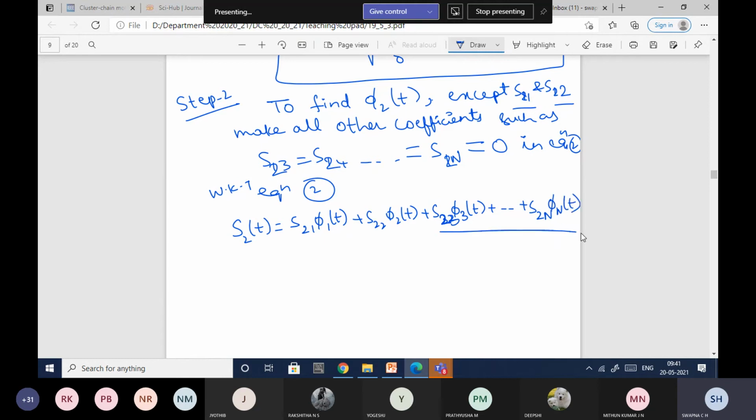These terms I'm making 0 because I'm making S23, S24, S2n equal to 0. So 0 into anything will be 0, and addition of zeros will be 0.